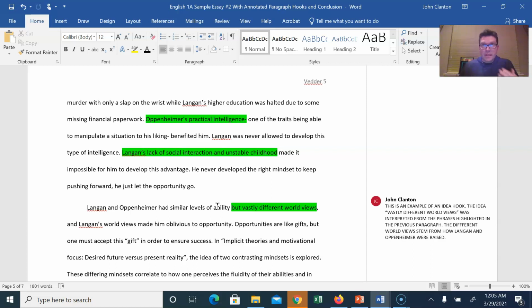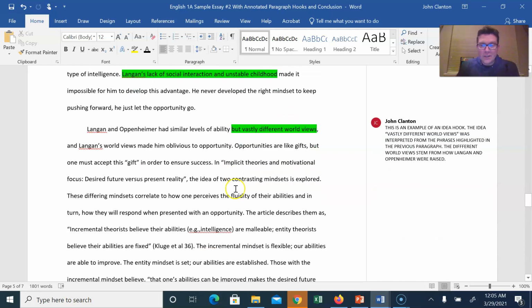Remember, Langan always thought that the system, a sort of big brother type mentality, somebody's out to get me. Whereas Oppenheimer was very savvy. I mean, he basically talked himself out of being punished for poisoning the professor. So I look forward to seeing at least one example of a paragraph hook in your next paper.